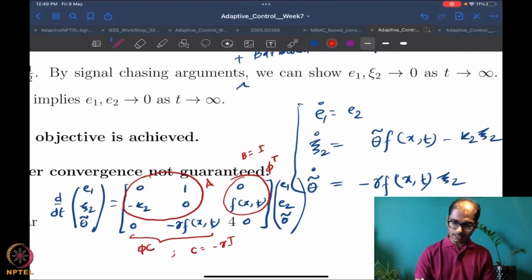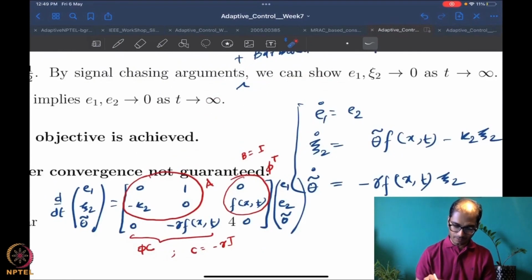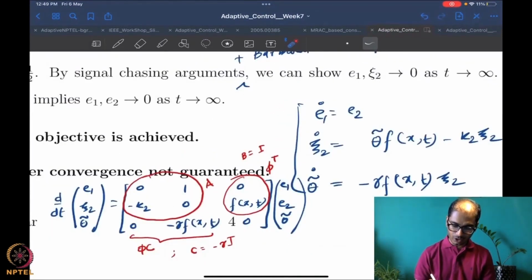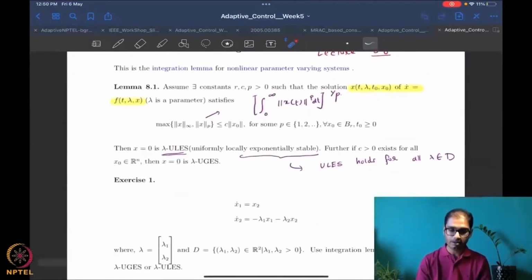So you see that it still has this similar structure, and we kept saying that this structure is rather useful. Now remember that here again phi was only a function of time, and here it is a function of time and the state. So as always, we'll have to use the integral lemma type results, the more general integral lemma results.